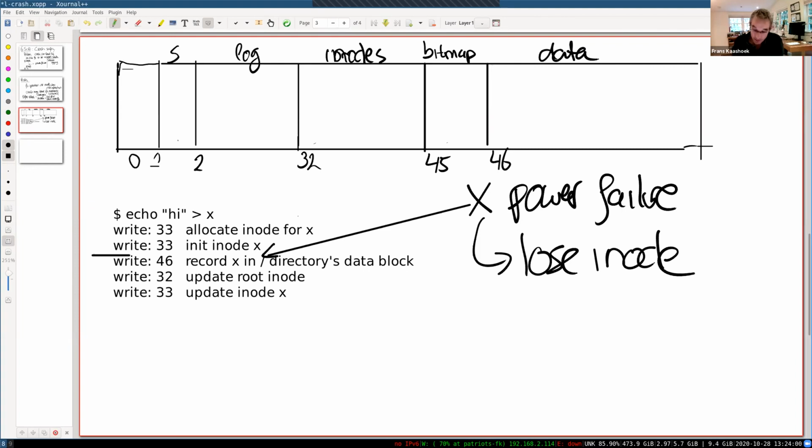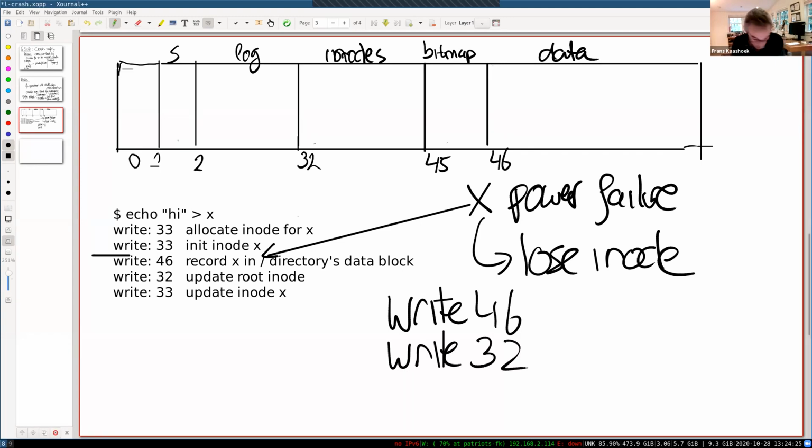So you might think, well, maybe I should reorder the writes, in a way that hopefully we don't lose the inode. So for example, another thing we could try is to write 46 first, and basically update the inode, update the directory, write the directory inode, write 32, and then we'll actually mark the inode as allocated on disk.